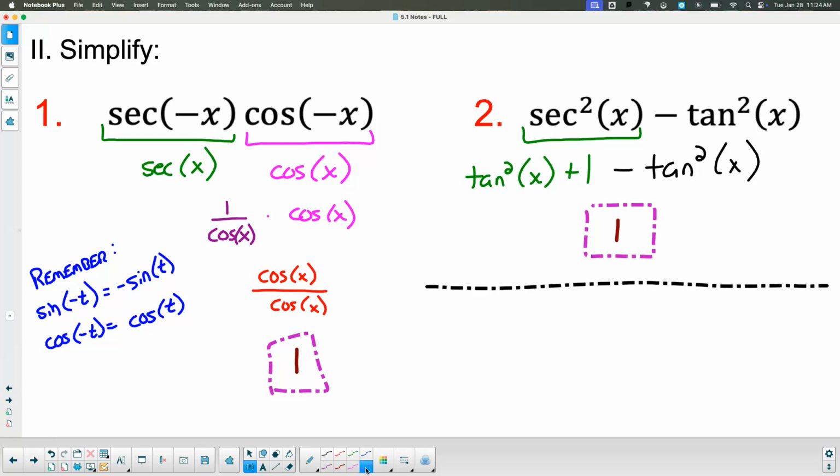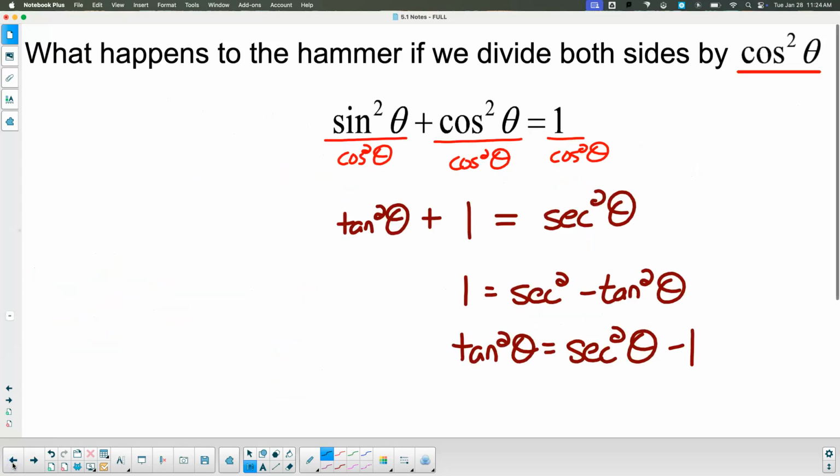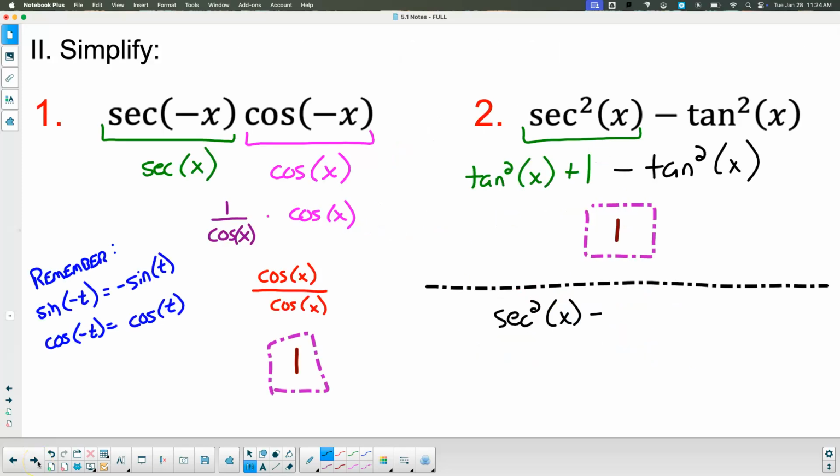Now, if I didn't do it that way, if I went with secant squared, and I readjusted the tangent squared. So now tangent squared is secant squared minus 1. This bottom version of that identity. So then that's going to be that, correct?